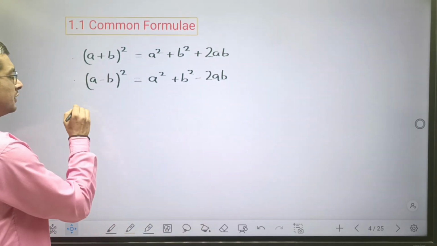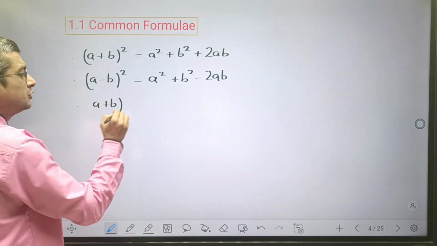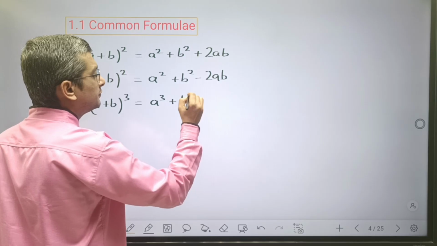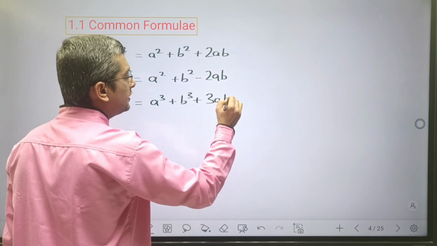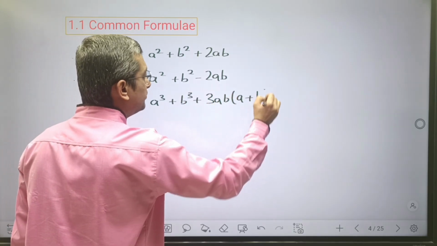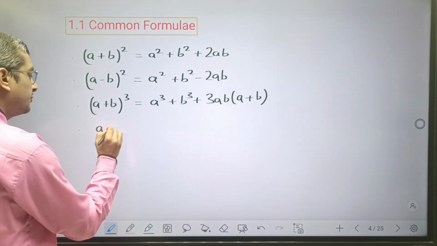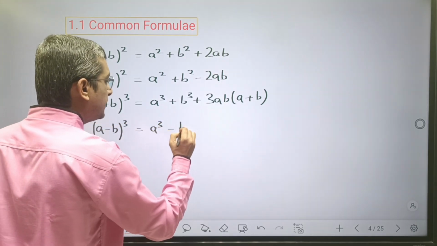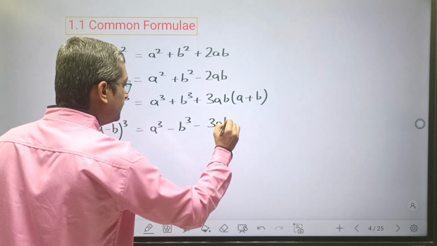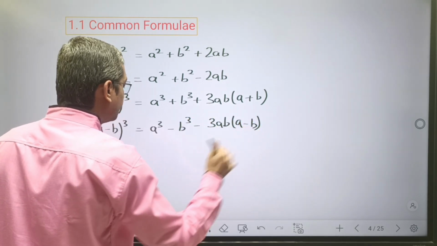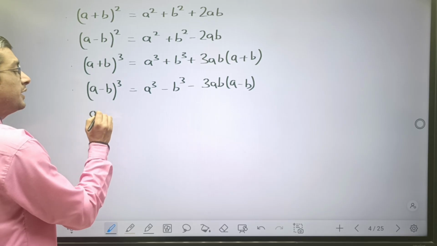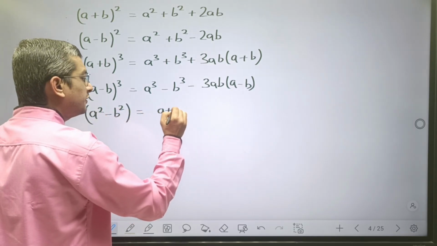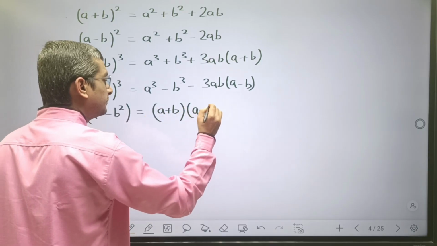Third formula, that is (a plus b) cube, a cube plus b cube plus 3ab(a plus b), (a minus b) whole cube, a cube minus b cube minus 3ab(a minus b). Then a square minus b square is (a plus b)(a minus b).